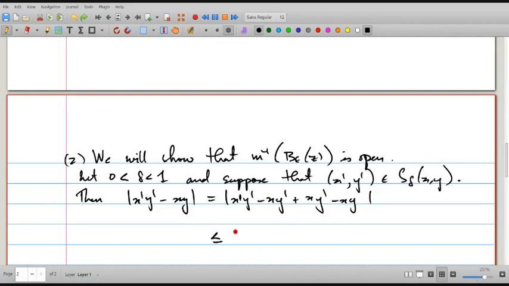This is less than or equal to the absolute value of x prime minus x times the absolute value of y prime plus the absolute value of x times the absolute value of y prime minus y.